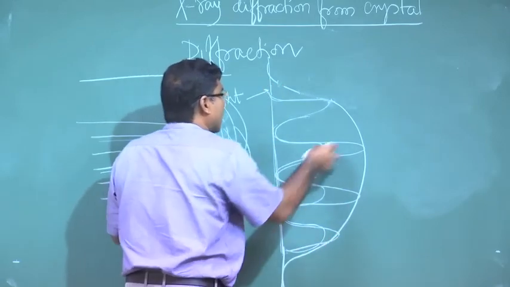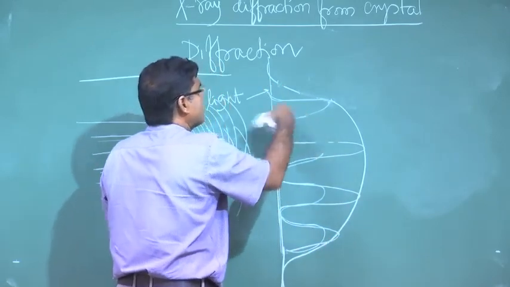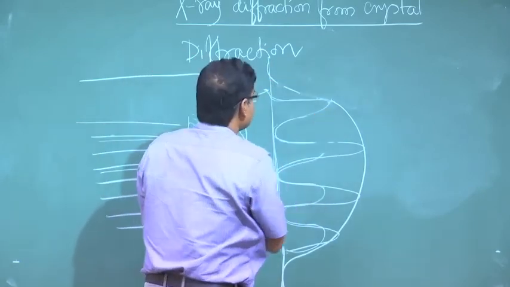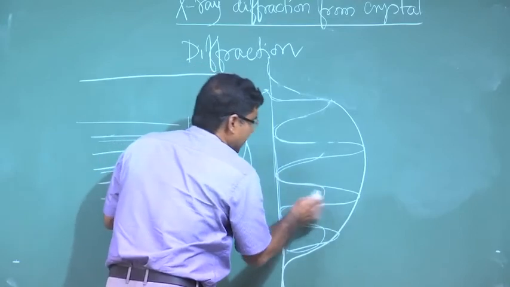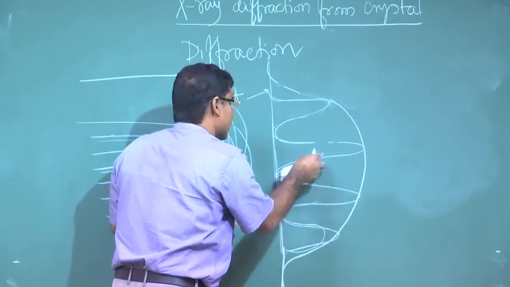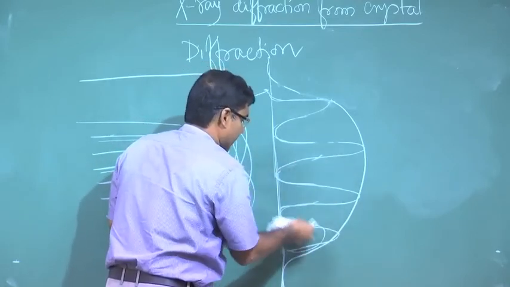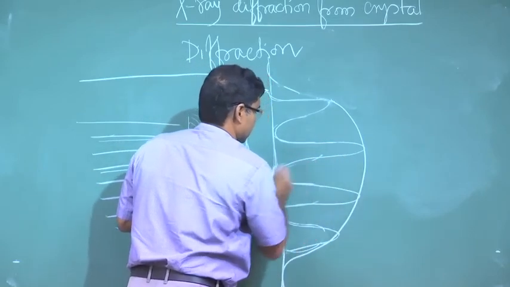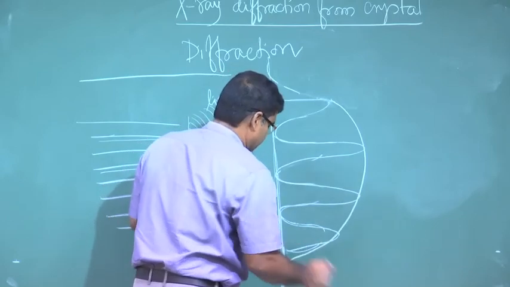All the peaks will not have equal intensity as we saw earlier for the interference case. Here I get interference peaks, but their intensities vary.